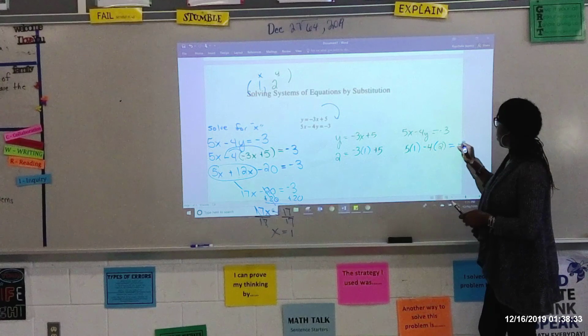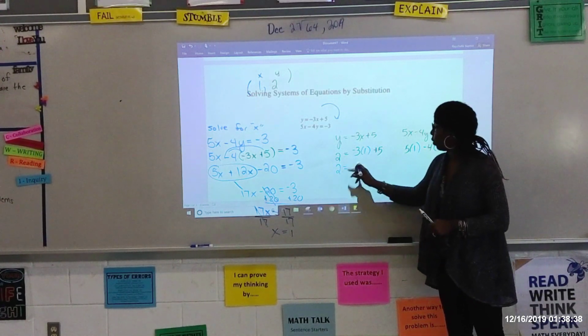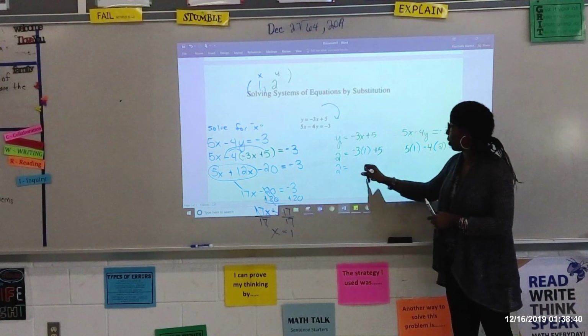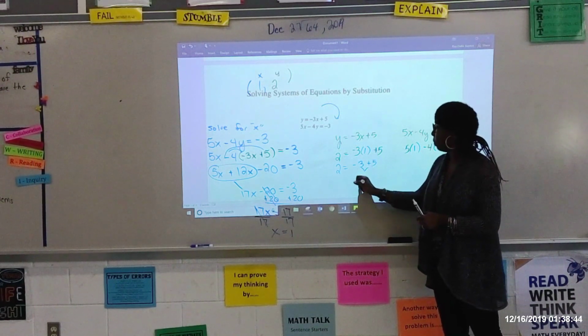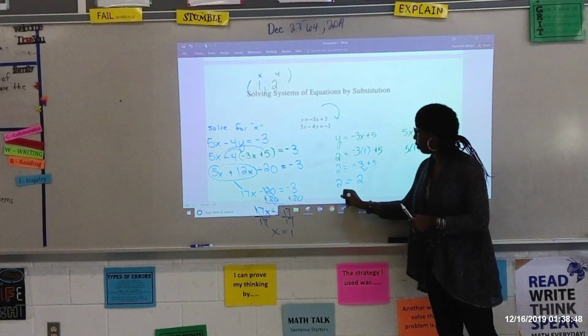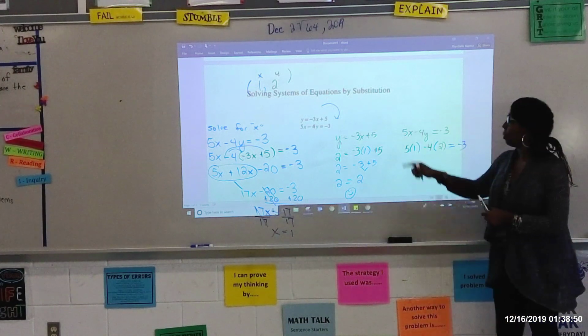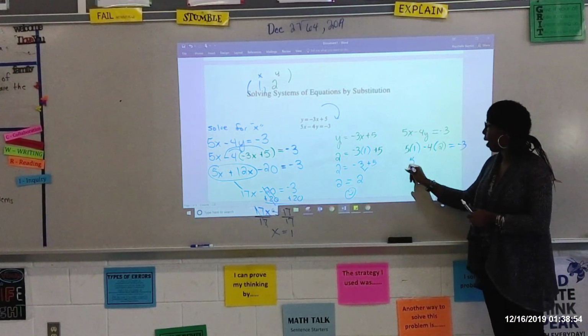equals negative 3. 2 is equal to negative 3 times 1, which is negative 3, plus 5. This gives me 2. 2 is equal to 2. So far, the solution makes the first equation true. 5 times 1 is 5.